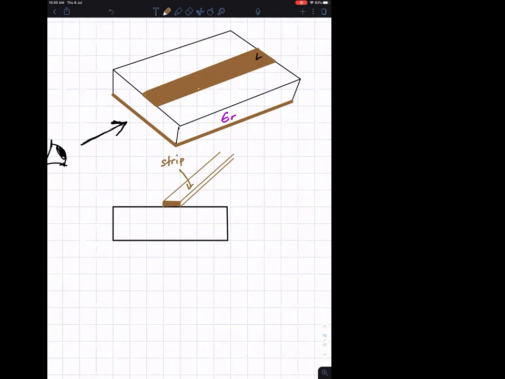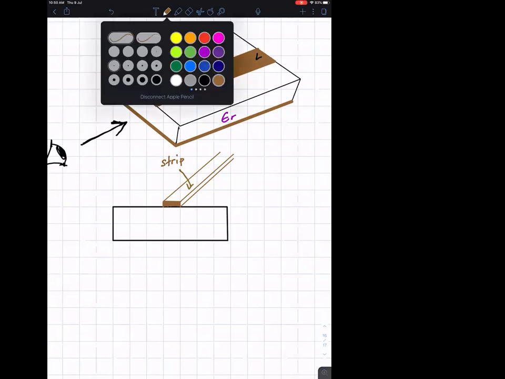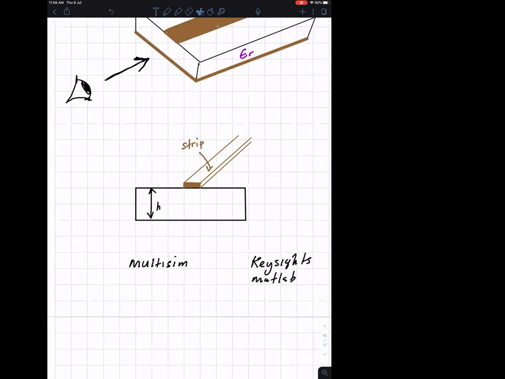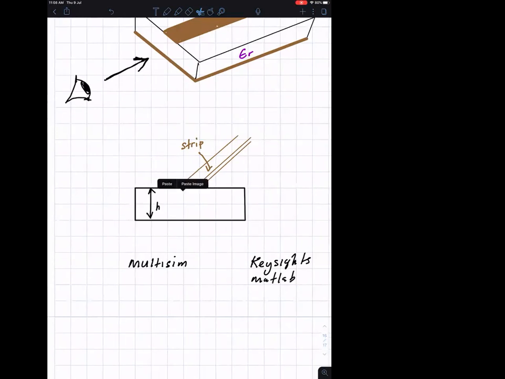And then you have a height, which I didn't mention earlier, height H. In ADS, I think they use D. So this is the strip, and this is the width. And then this is the dielectric material. Okay, let me just draw this line a little bit.